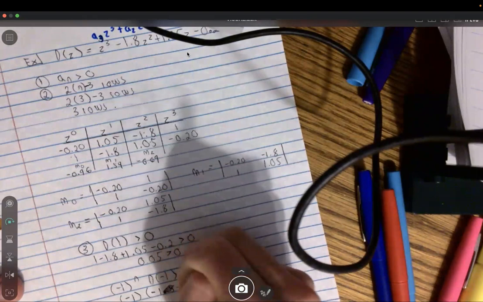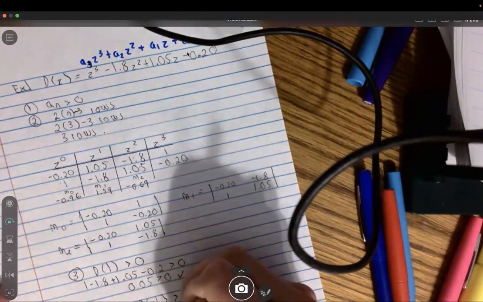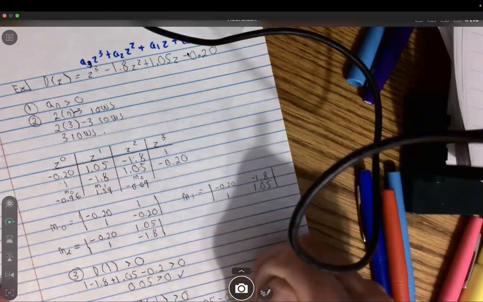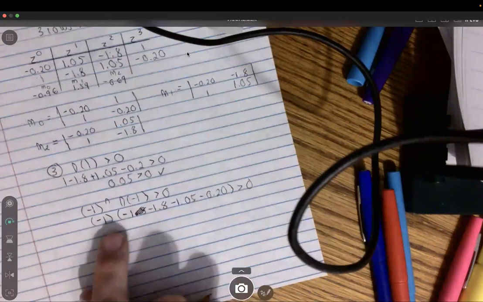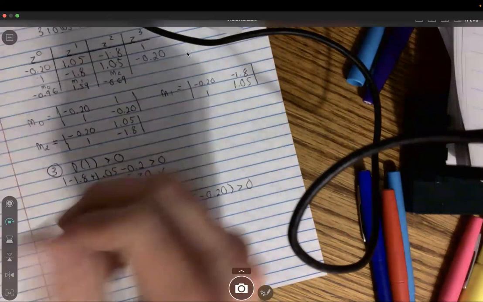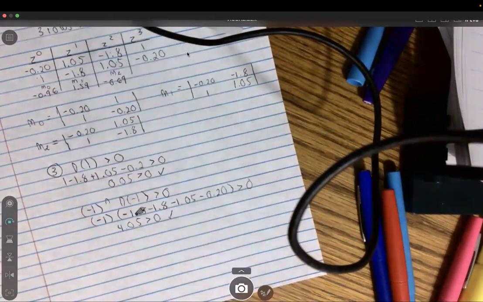Then here we get plus 1.05 times negative 1, so negative 1.05 minus 0.20 is greater than 0. Doing all this, we have negative 1 minus 1.8 minus 1.05 minus 0.2 times negative 1, and we get 4.05 is greater than 0. So check, we met those two requirements.